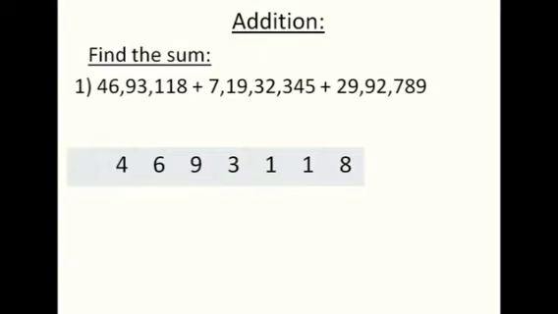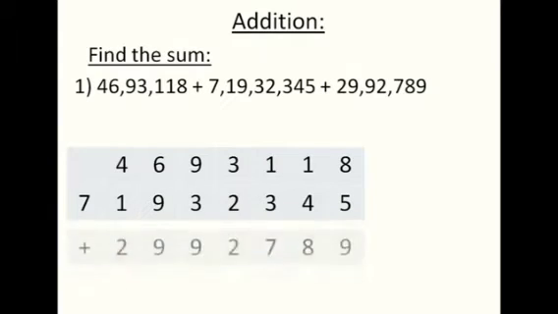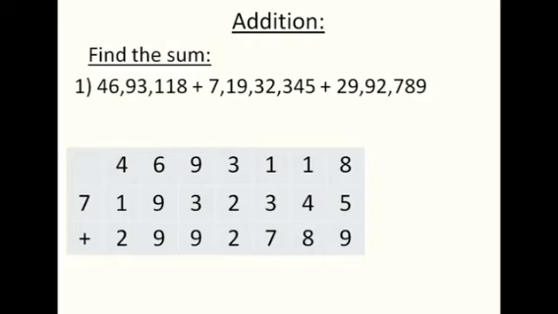Have you written? Go for the next one. So the 3 numbers have been arranged. Keep a little bit of space in between so that we can see them properly column-wise.